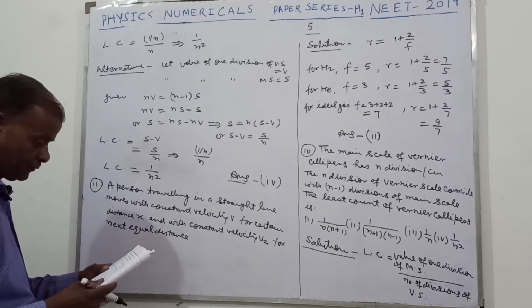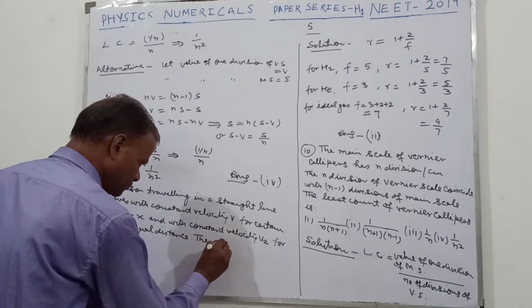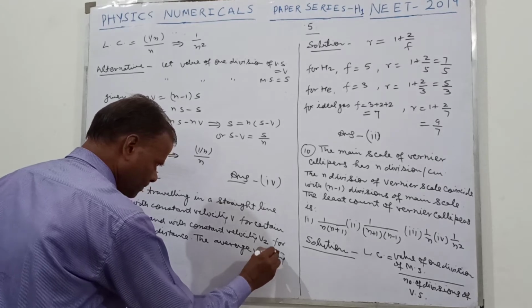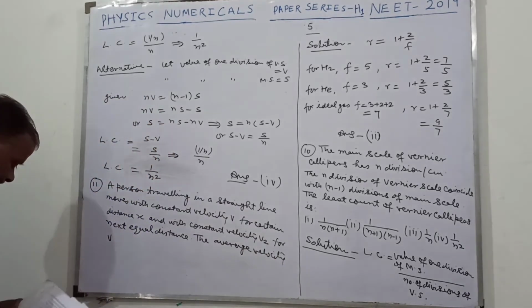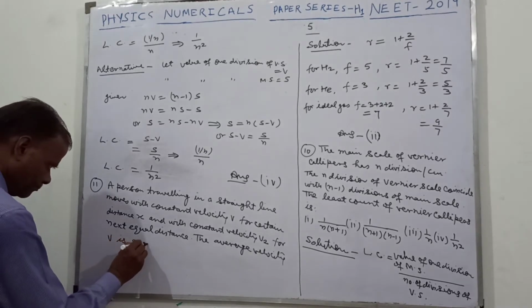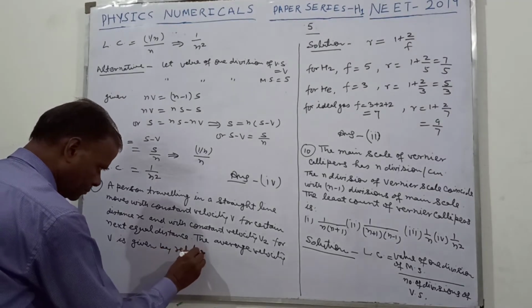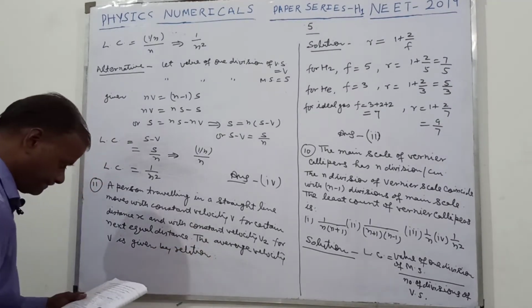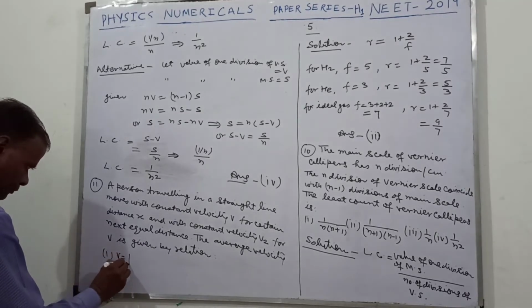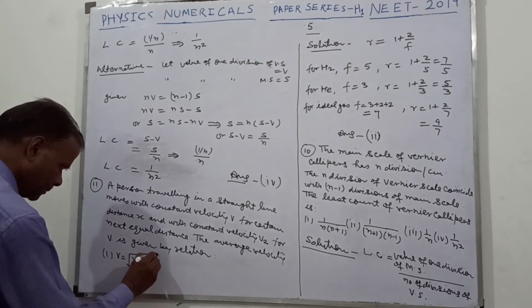The average velocity v is given by the relation. First option: v equal to square root of v1 v2.